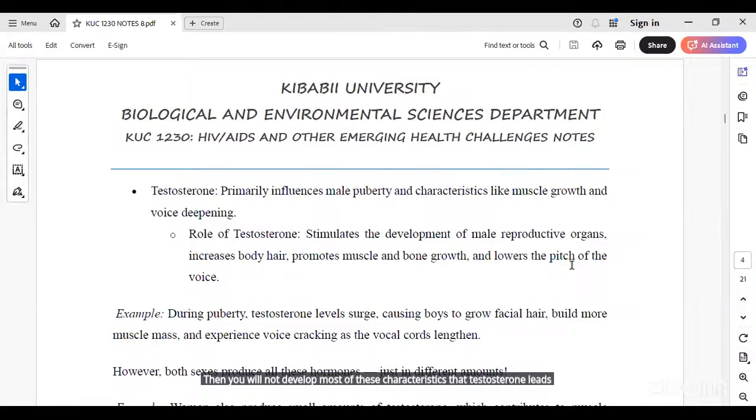You might not have, for example, a deep voice, because you don't have enough of the testosterone. So you have all the anatomical features of a man, but you don't have some critical characteristics that are associated with a mature man.